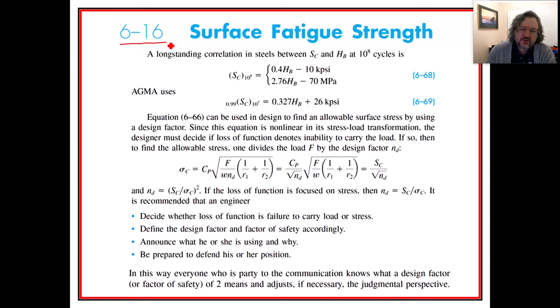First off, something that can be done with lots of different ultimate strengths, or strength in general, is you could find a relationship between the hardness number, like the Rockwell hardness number you might have used in a materials lab. There's also the Brinell hardness number.